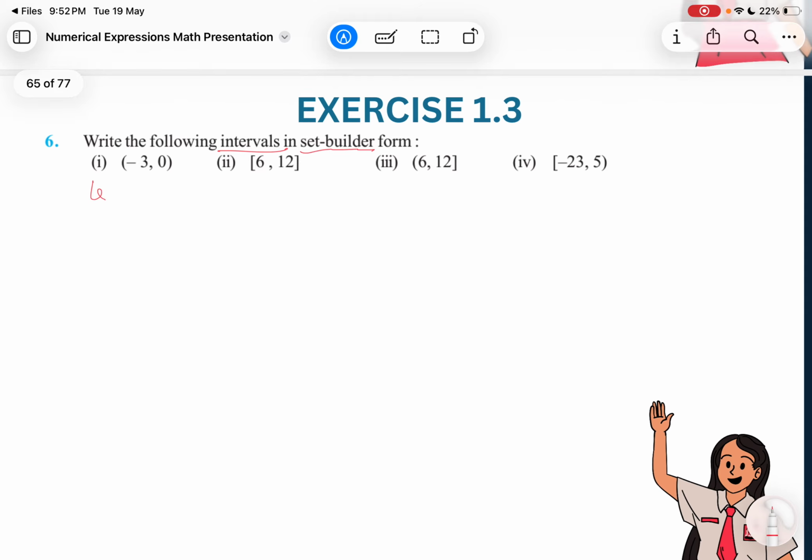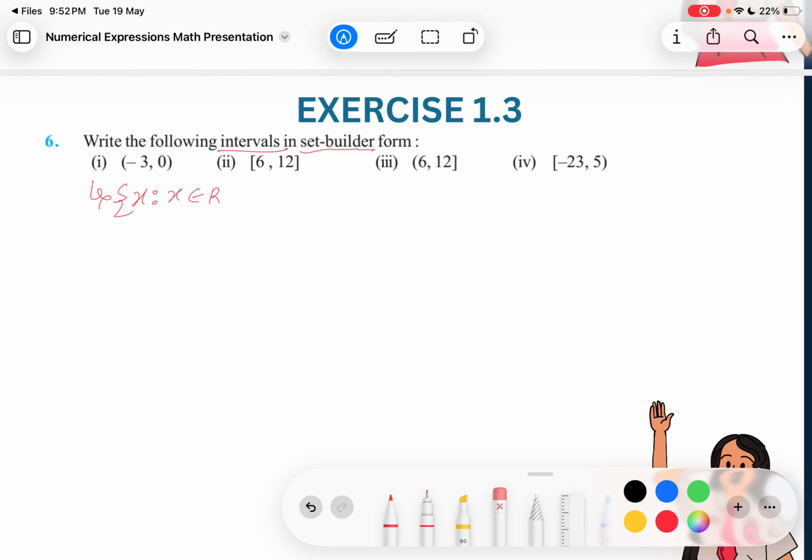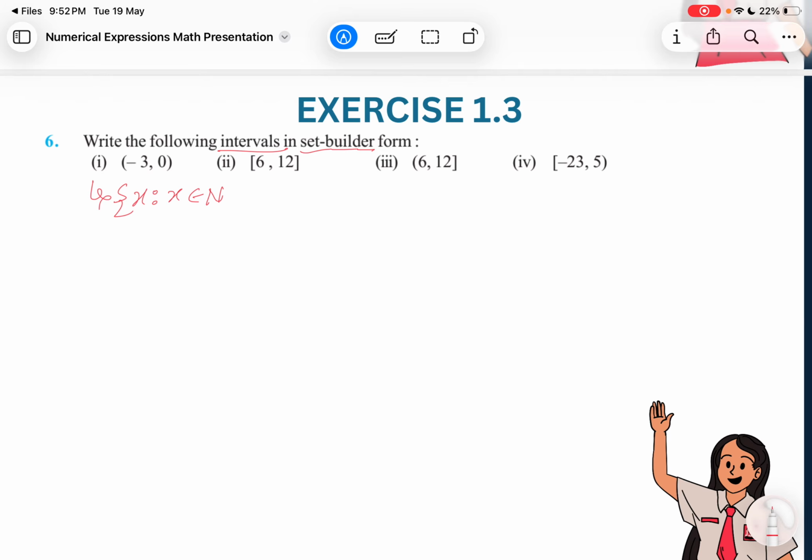For the first one, where 0 is not included, we will write curly bracket x such that x belongs to a natural number will be more perfect, comma, and -3 is less than x and x is less than 0. So this is our set in set builder form.